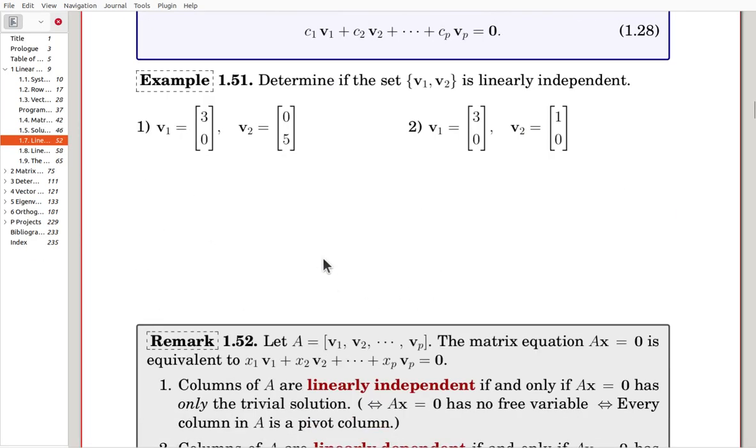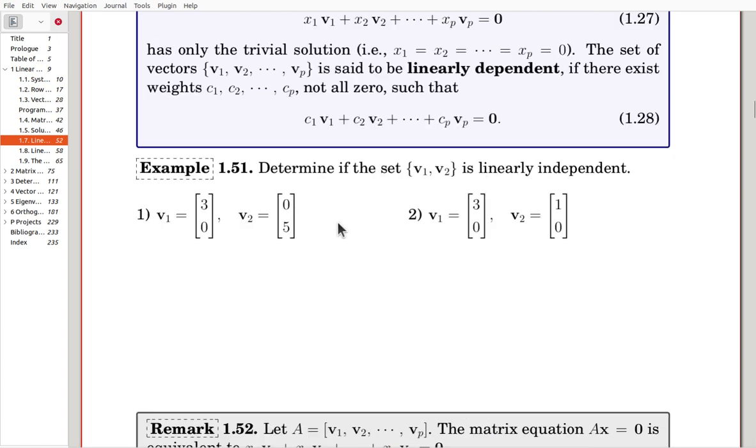Determine if the set is linearly independent. Mathematics begins with a definition. So we'll start with the linear combination equals 0 and try to find the solution. Here we start with x1 v1 plus x2 v2 equal 0.